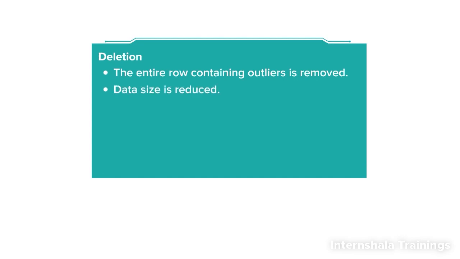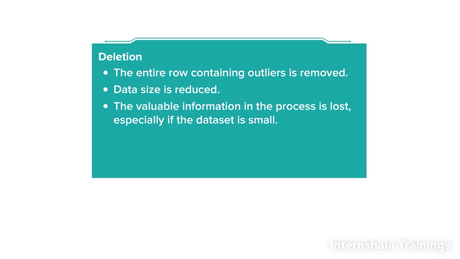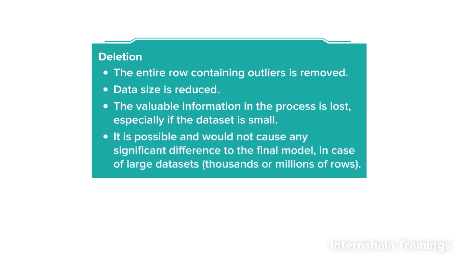This reduces the data size and is not advisable, as we might lose some valuable information in the process, especially if the data size is small. Now in case of large datasets consisting of thousands or millions of rows, deletion is possible and would not cause any significant difference to the final model we build.